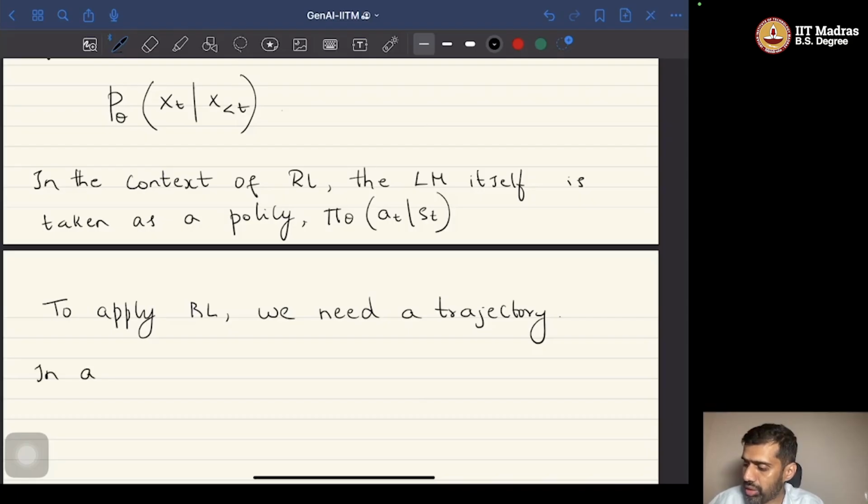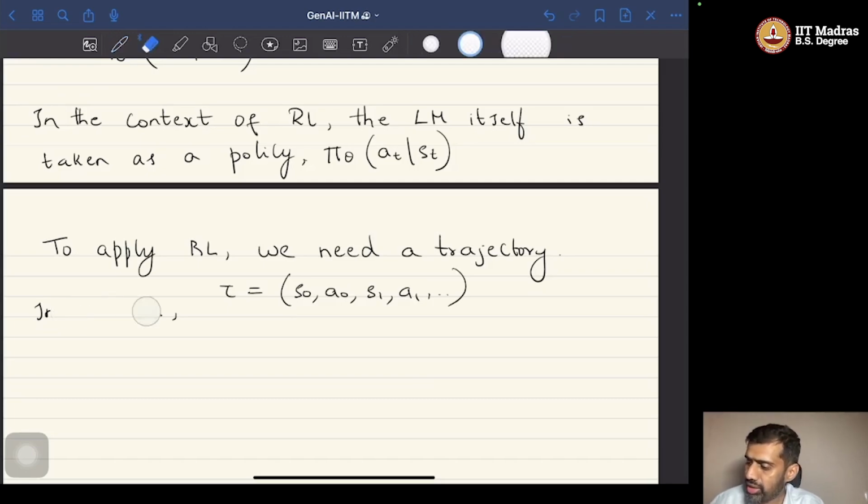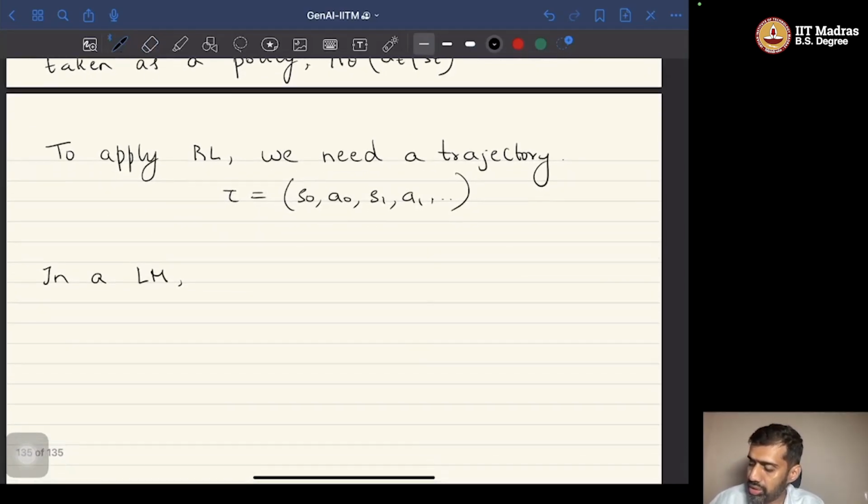Let's write it as tau is equal to S naught, A naught, S1, A1 and so on. We need a trajectory of this sort. In a language model, the trajectory is given as follows.